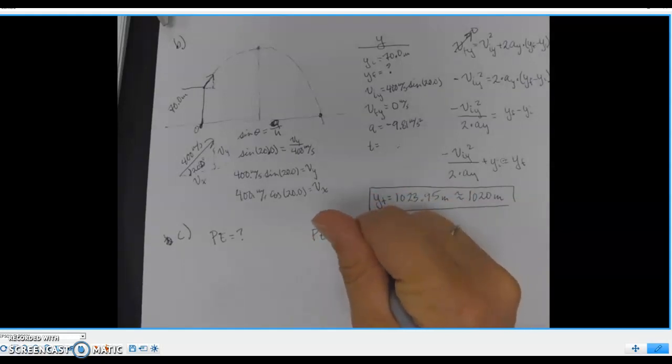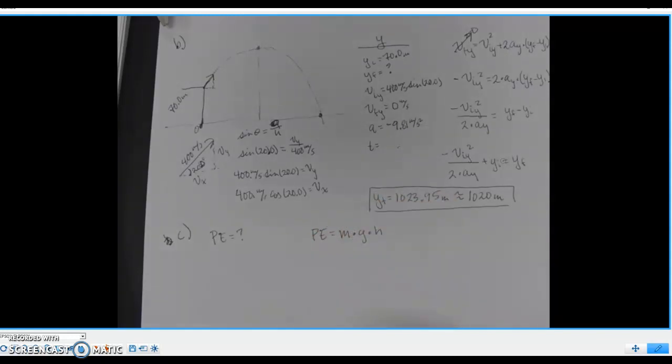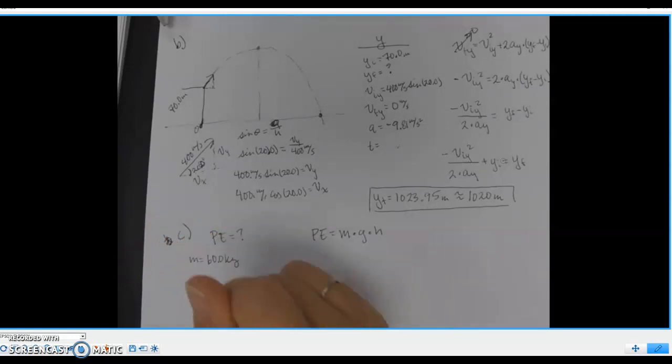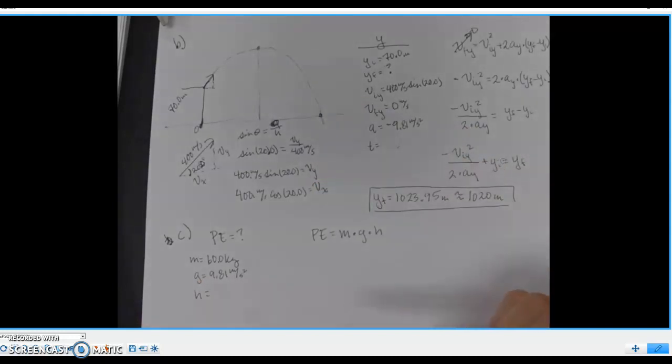It's mass times g times the height. Okay, and the mass of the object was the 60 kilograms of the hammer. We had that up above. G is just equal to 9.81 meters per second squared. And then the height at the top of the arc, we just solved for that.